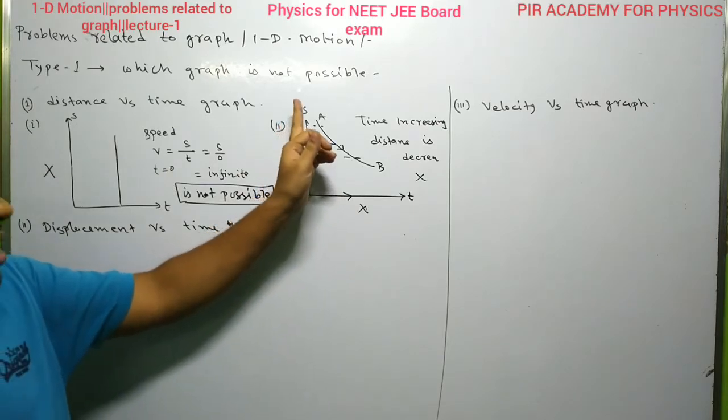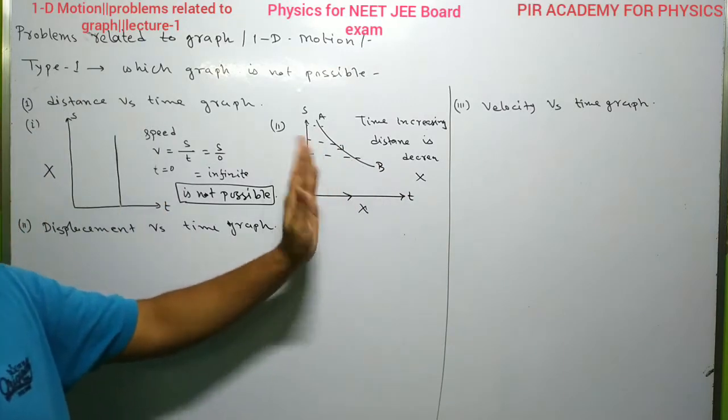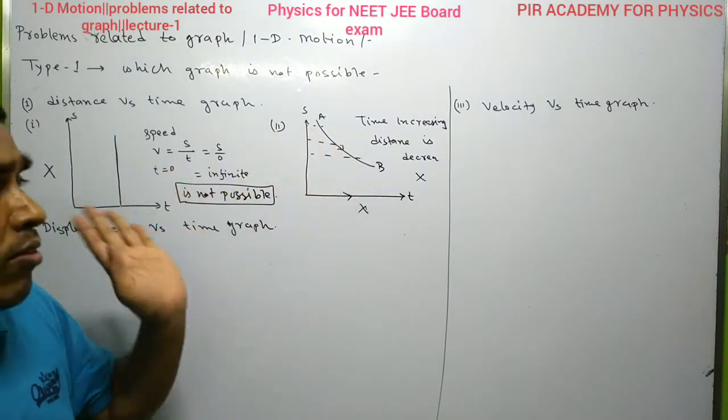Here the distance is decreasing with increasing time, so these two graphs are not possible.